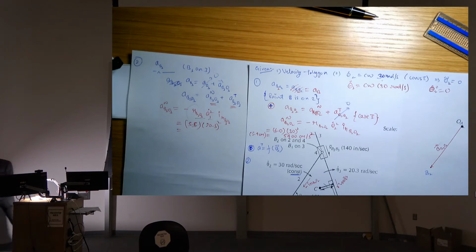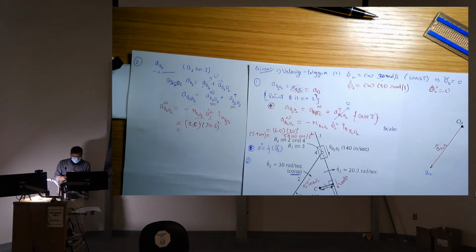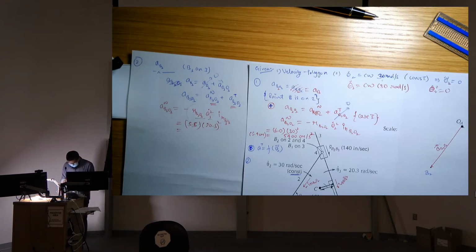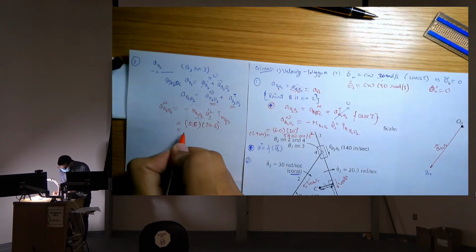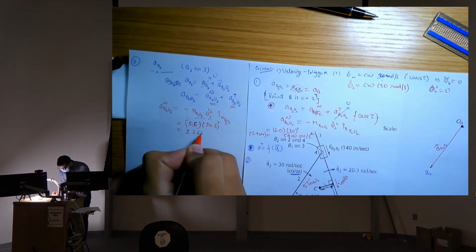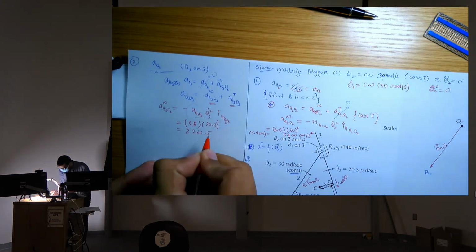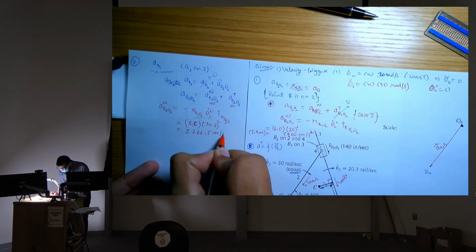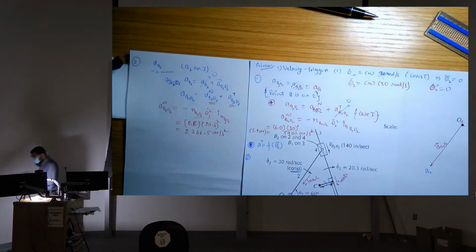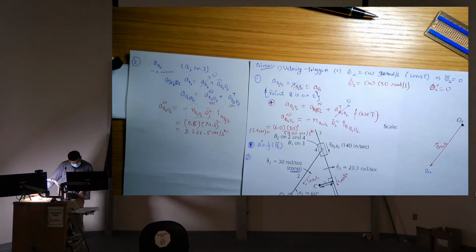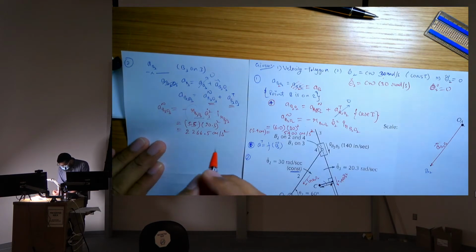Come on guys, you are tech savvy, you have lots of gadgets on your table, just give me a number. This is what I am getting, I don't know what you are getting. Okay, let's just say it's 2.26.